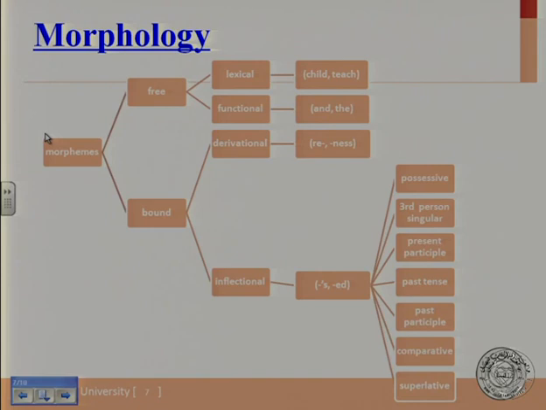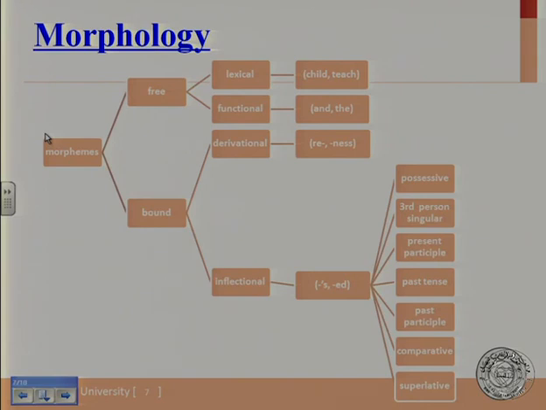Some examples of lexical: child, teach, big, small, chair. Could be a noun, an adjective, a verb. And functional is and, the, conjunctions, prepositions, articles.